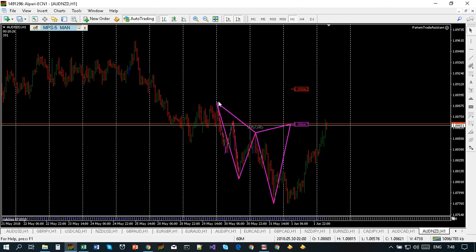But if your swing identification says that you can ignore it and consider this movement to be straight, then this is a valid cipher. One swing here, one swing here, one swing here, all those swings are based on your swing identification algorithm. Okay, perfect.